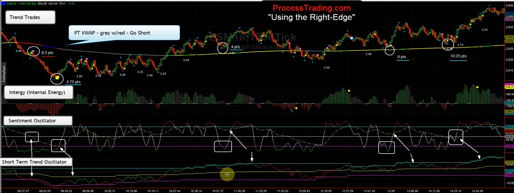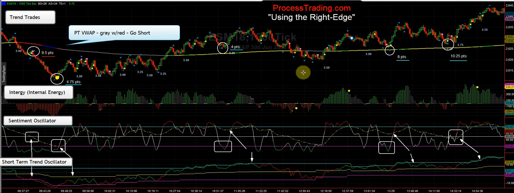It's well above the pullback line. So these three indications will help support your taking the trend trade. But again, you don't need these to take the trend trade. You just have to follow the trade management rules. And in this case, if you did that, it would be good for 4 points.